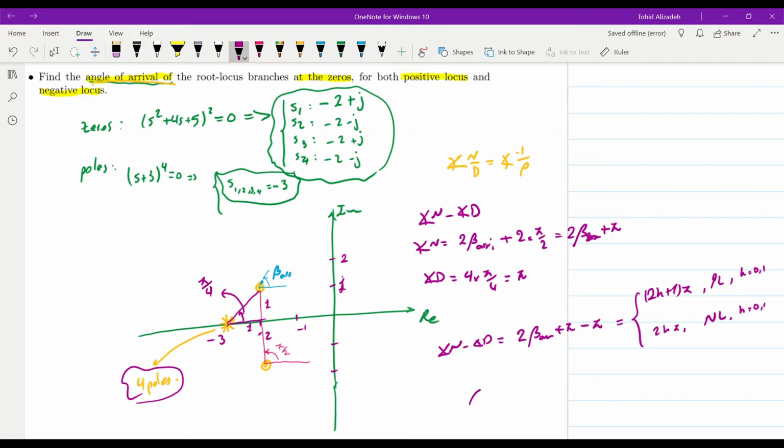So beta arrival will be, if I replace h with 0 and 1, pi and 3 pi divided by 2 for the positive locus, and 0 and 2 pi divided by 2, which is equal to pi, for the negative locus. So beta arrival is pi over 2 and 3 pi over 2 for the positive locus, and 0 and pi for the negative locus.